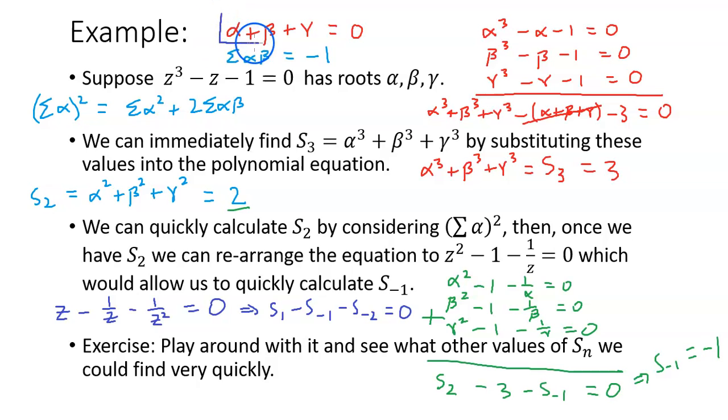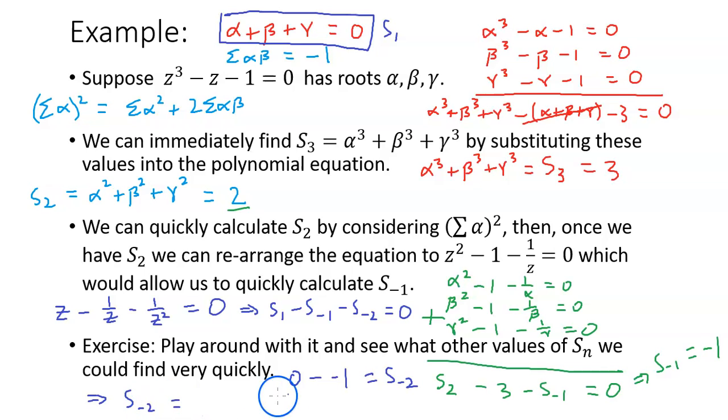And this one here is S1, so we know S1 equals 0, and we know S negative 1 turns out to be negative 1, and so, adding S negative 2 to both sides, we can see that S negative 2 is equal to 1, and of course S negative 2 is 1 over alpha squared plus 1 over beta squared plus 1 over gamma squared.